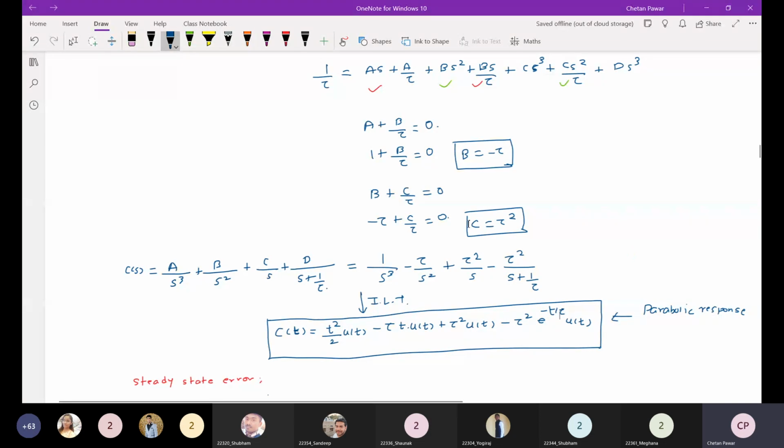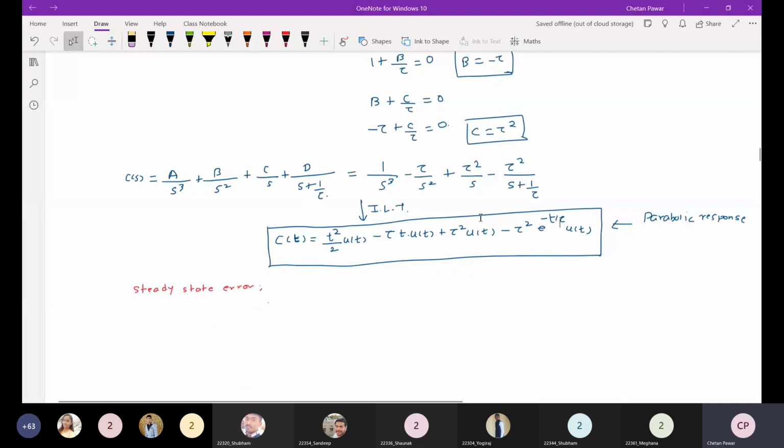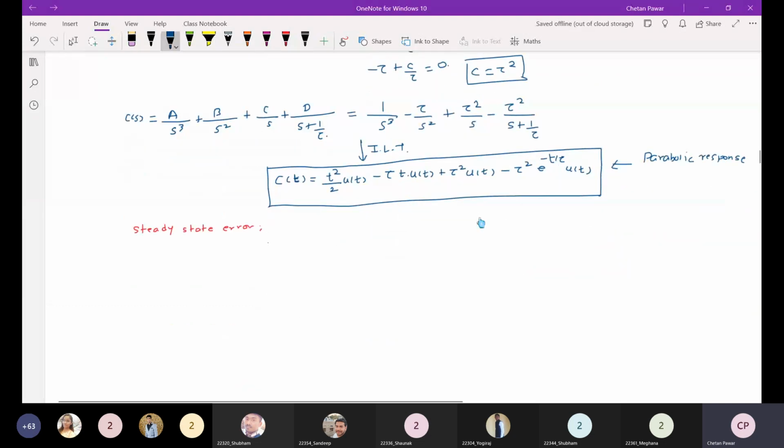Okay. So you got this. Now you just find out the steady state error. So what is the steady state error? Steady state error will be limit t tends to infinity r of t minus c of t. So r of t is t square by 2 into u of t and c of t is this one. So just take a difference.